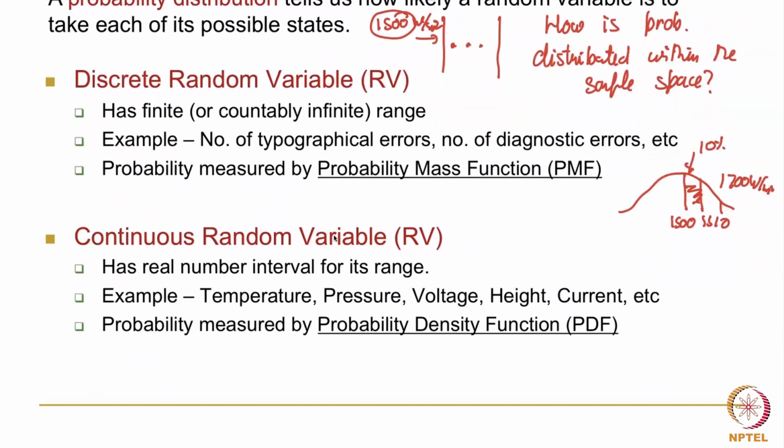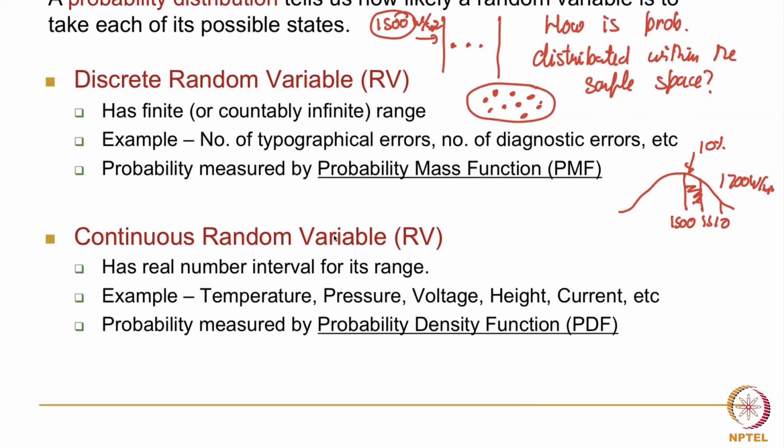Now, once you understand the idea of the probability distribution, you can immediately see that there are two possible ways in which this distribution could be done. One is discrete, that is, the sample space has discrete separate points. This could be finite or countably infinite. I'll explain what countably infinite is.